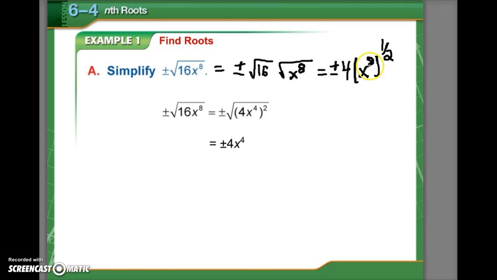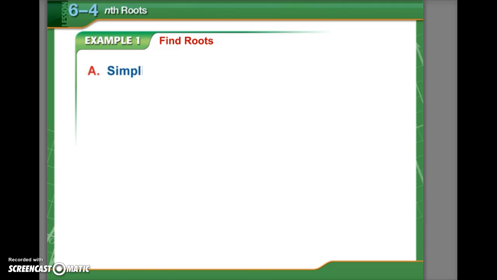And when you have an exponent to another exponent, you multiply your exponent. So we're doing half of 8, 1/2 times 8, and that is how we get this 4th power down here. So it's pretty simple when you have square roots. It's a little bit harder when you get to higher power roots.